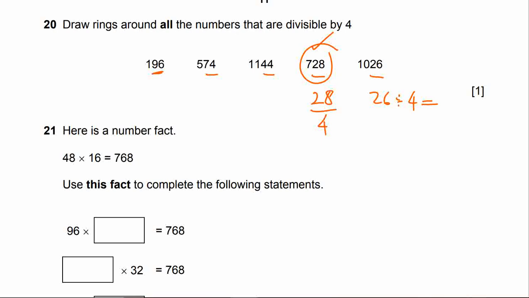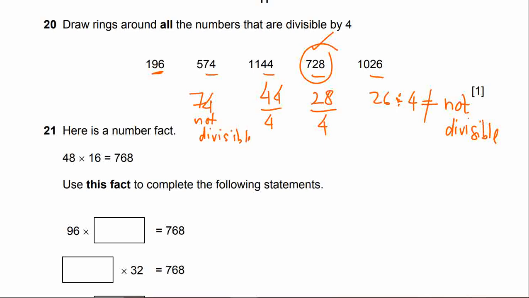It is not divisible. 44 is divisible by 4. 74, let's check it out. 74 is not divisible by 4. 96, well, 96 will be divisible by 4. 96 divided by 4 will get 24.